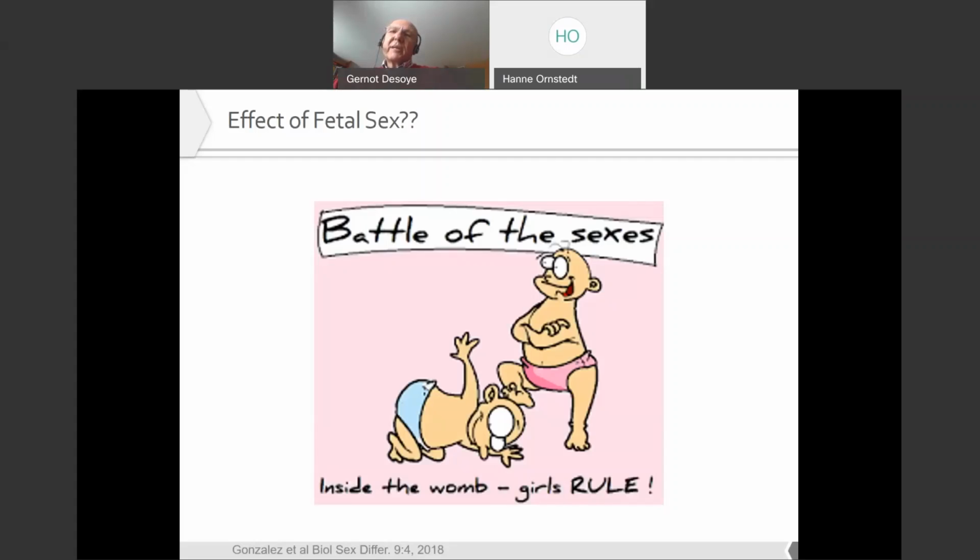And it has been shown by Maria Pisarska's group from Los Angeles 2 years ago in the biology of sex differences that the placental transcriptome differs between males and females already very early in pregnancy, and they measured it between week 11 and 13. So sex differences are also very important to take into account when we want to understand the role of the early pregnancy period on fetal growth and pregnancy outcome.